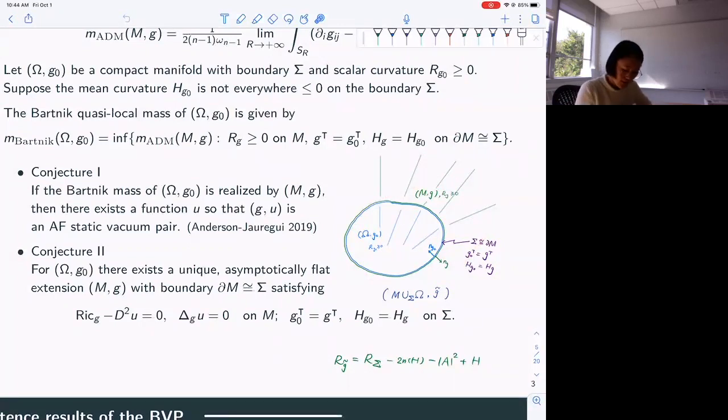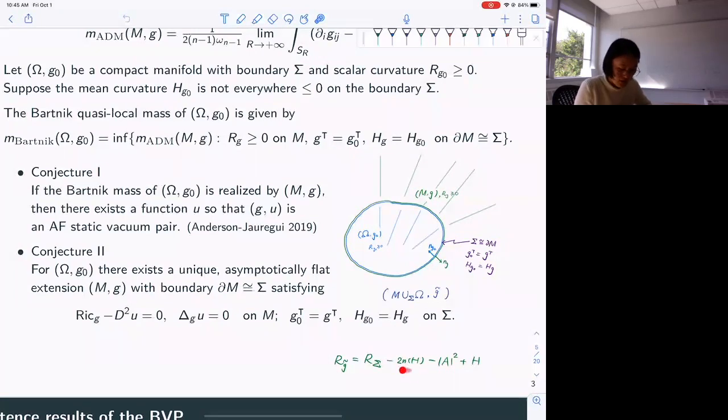Here is the Gauss equation across the boundary. We see that the scalar curvature of the ambient metric can be written in terms of intrinsic and extrinsic curvatures of the boundary manifold. Let's take a look at the leading order terms. This is the scalar curvature of the boundary metric, and this is well defined because we have the first equality here.